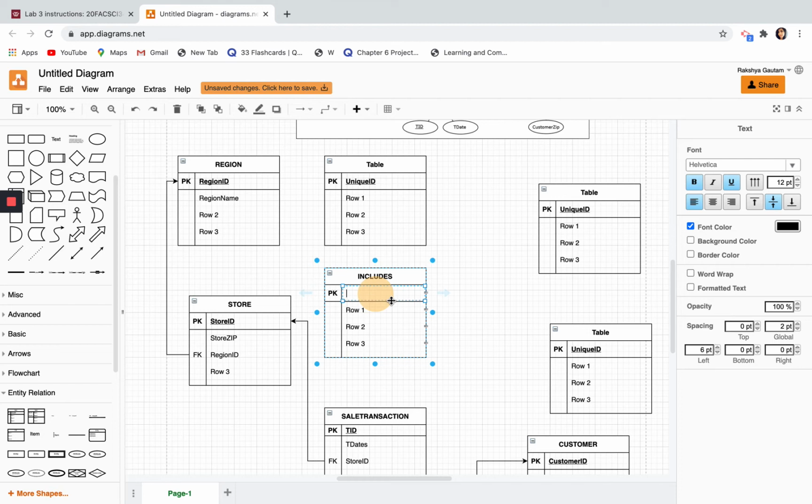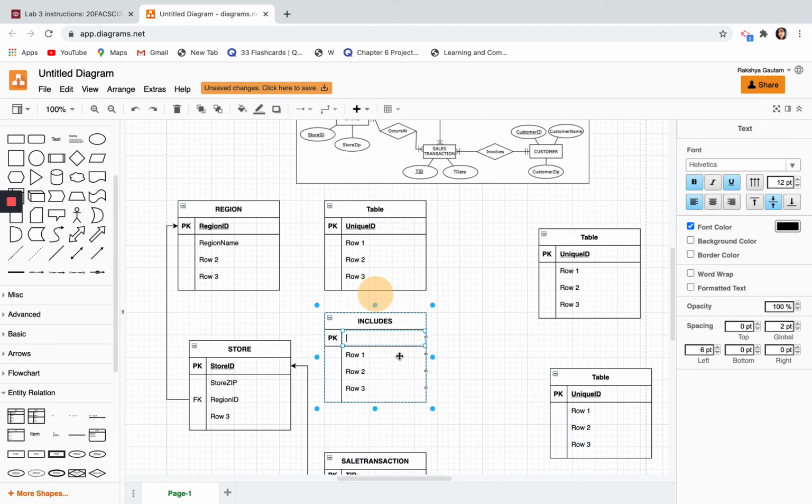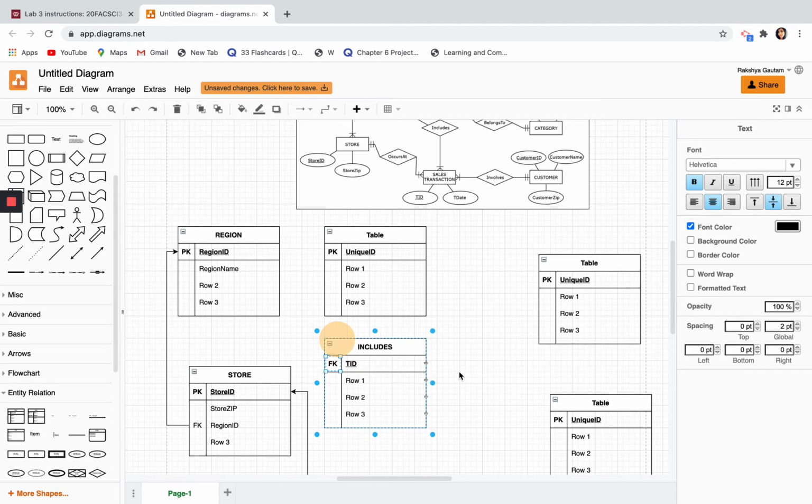It has the product, but as includes also consists of the TID, TID would act as a foreign key for includes.